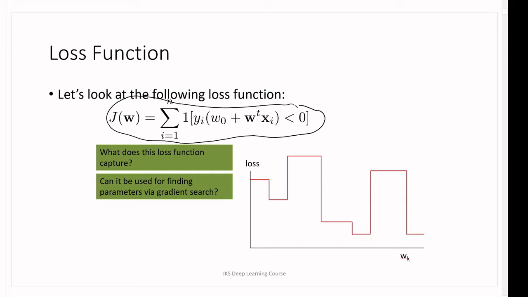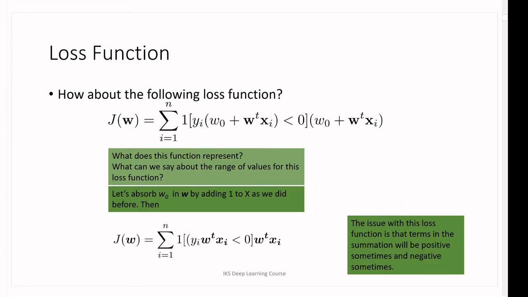However, we can make some modifications to this function to make it suitable for gradient search. So let's see how we can do that. So let's make a modification, and this modification you can see here is made by multiplying the indicator function with another quantity, which is nothing but just the score produced by our model, which is W0 plus W transpose Xi.